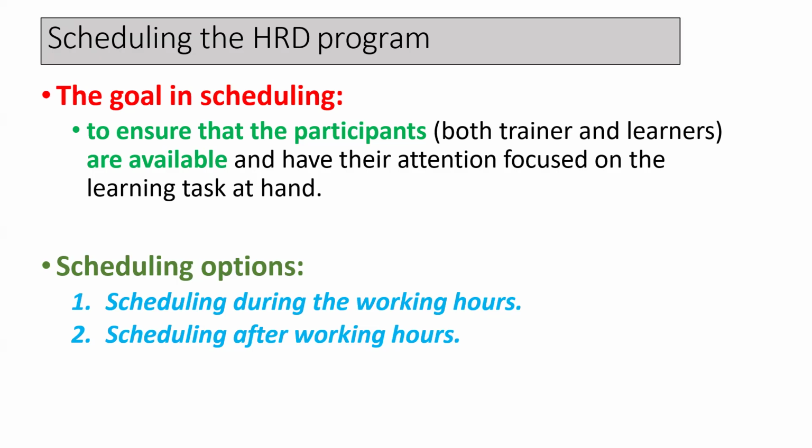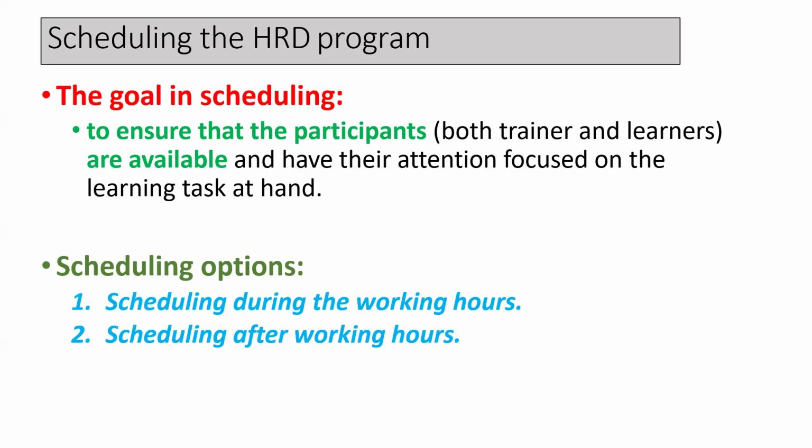In that sense, scheduling is a critical factor, because our task is to motivate the participation. The scheduling must motivate the participation. The time of scheduling must be a significant motivator for the participation of the participants, right?